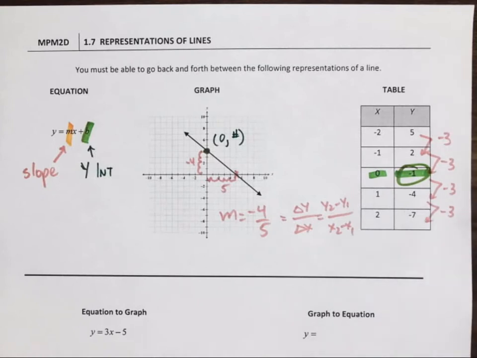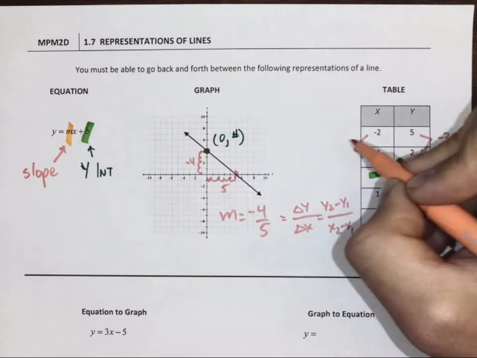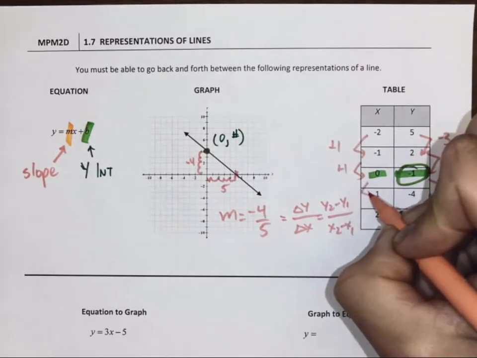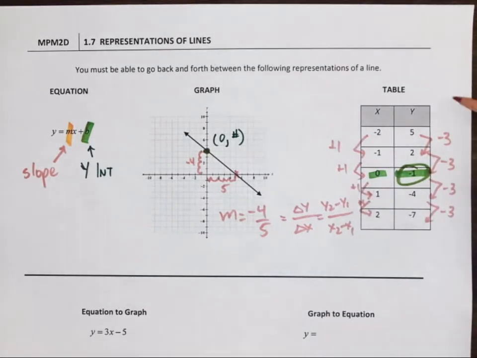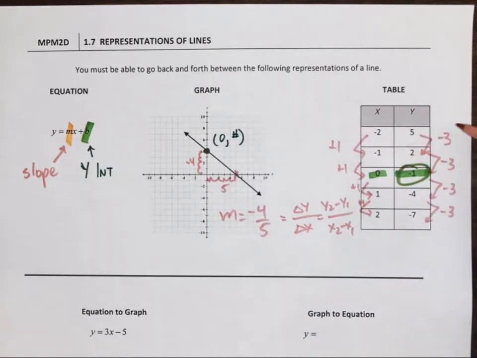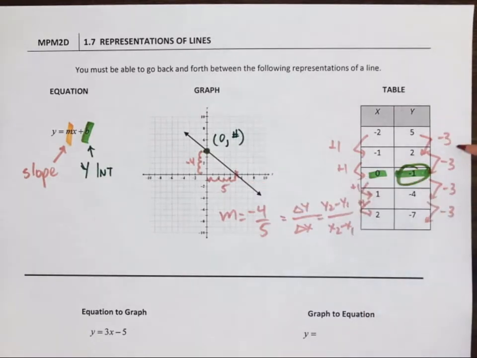Yeah, first differences. If we look over here, from -2 to -1, that goes up 1, up 1, up 1, up 1. These should all be the same. The change in y and the change in x, it's always the same amount. That means that is a linear relation or a line. That's one of the ways we tell.